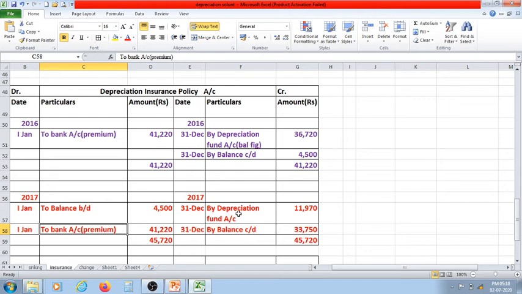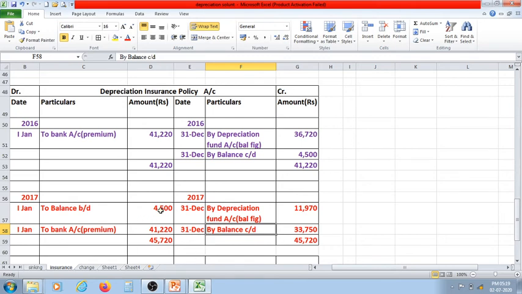Okay. Then the journal entry which is showing the difference, or the balancing figure, the second effect of the journal entry will be by depreciation fund account 11,970, and the surrender value at the end of the year is by balance carried down 33,750.